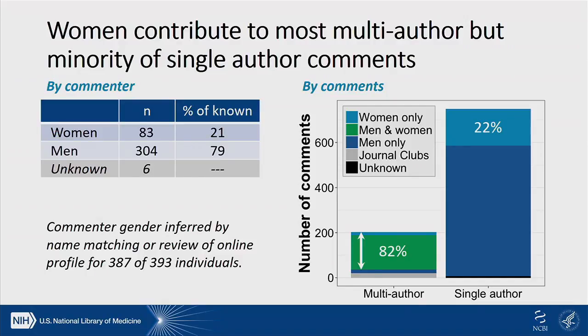We found that 21% of those commenters were women. But what was really interesting was to see the breakdown across the type of comments, where for individual comments, 22% were contributed by women, but women were named in 82% of the multi-author comments that were being posted.